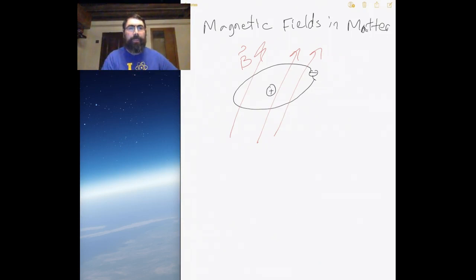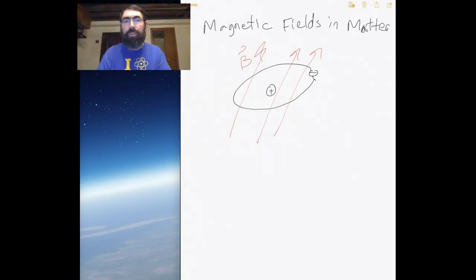Now, it should interact because you have a moving charge, and so we can think of the electron as a current. And so now we've got a closed current loop and a magnetic field applied to a closed current loop.